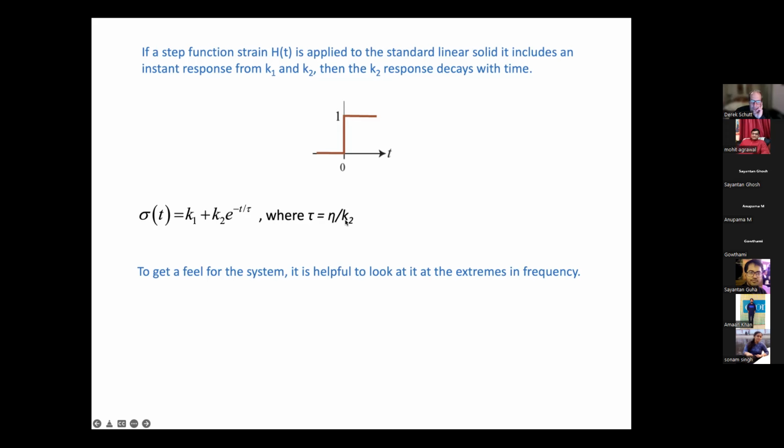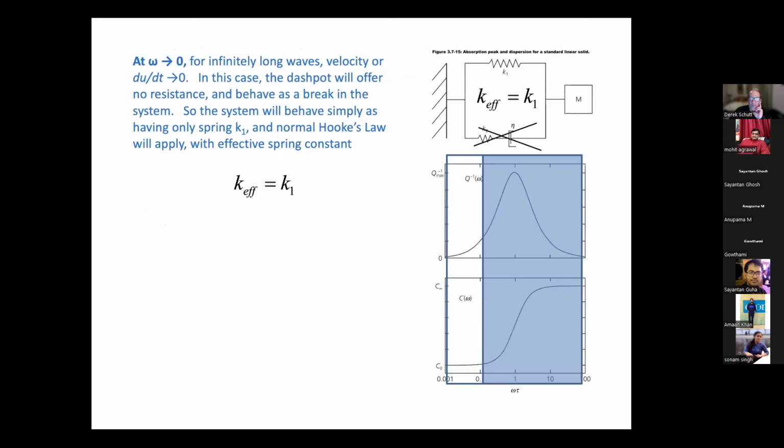So to get a feel for the system, we're going to look at first omega equals 0. So these are infinitely long waves. And in this case, the velocity at which n is vibrating is very slow. So that means eta is actually applying 0 resistance, and this arm here is basically detached.